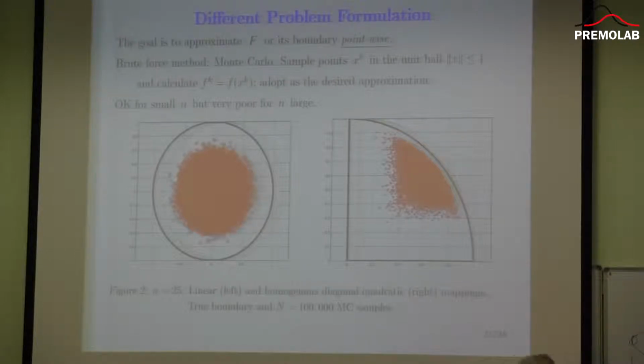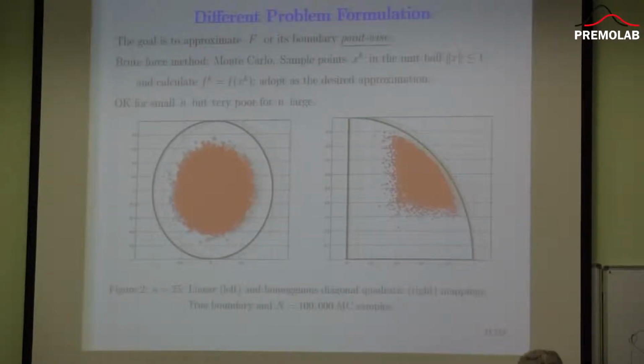Okay, what else? Now one can say, why do we need analytical results on convexity and non-convexity? Let's just take sample points, if it's an image of a ball, let's sample points randomly in this ball and then take their images. So we expect that this pointwise image will be close to the true image. That's wrong.